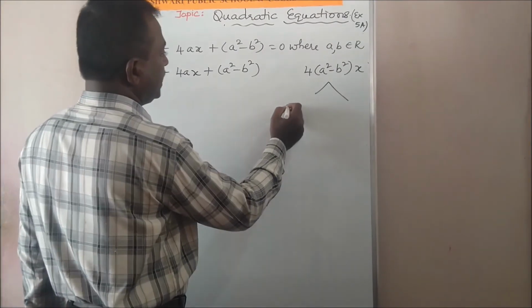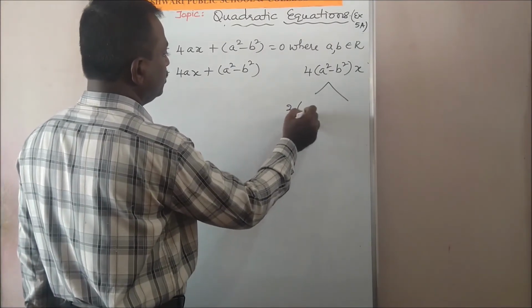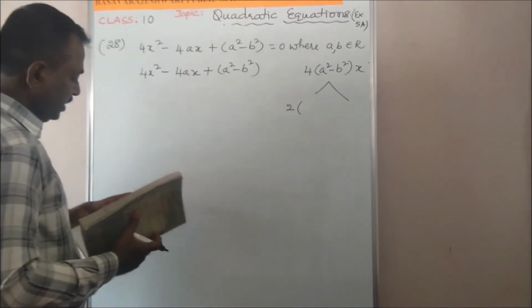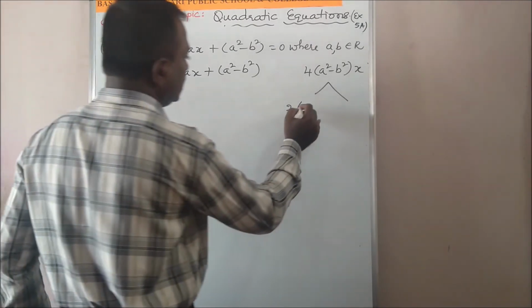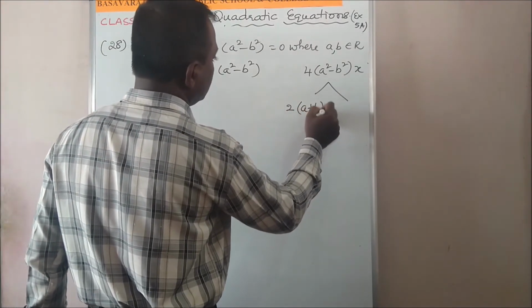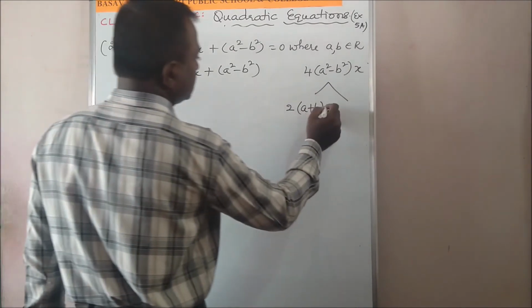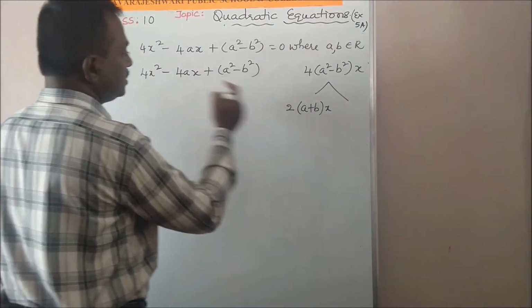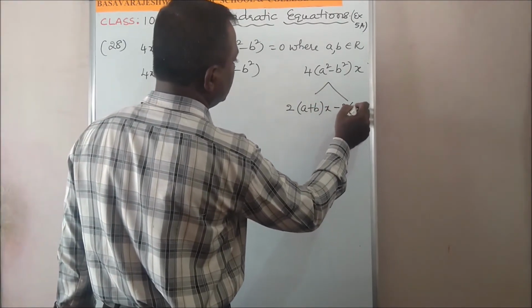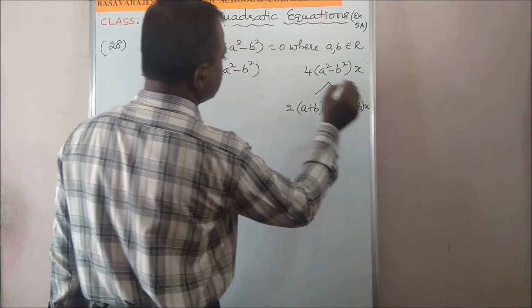One I can split like 2 into a plus b, and minus will be there, therefore 2 into a minus b x.